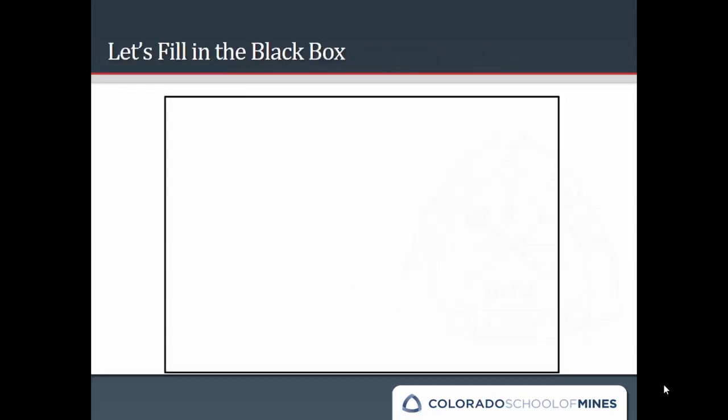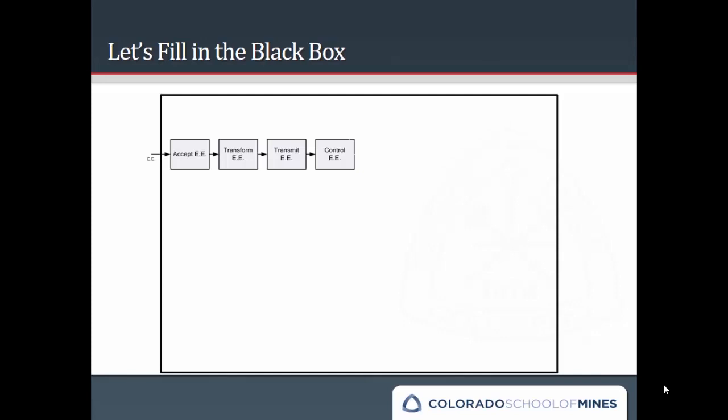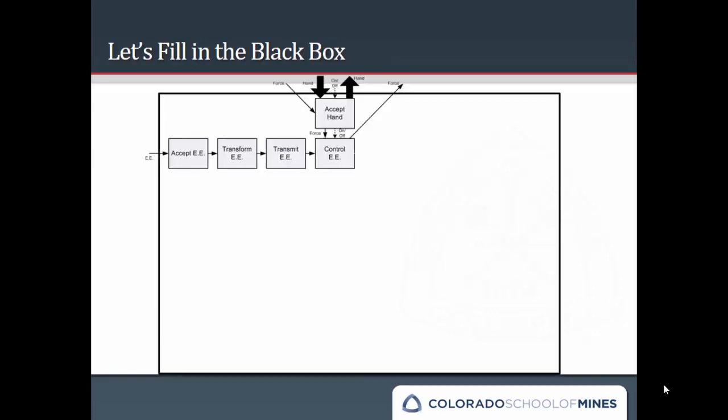So what we're going to do here now is fill in the black box for this particular case. My input was electrical energy, so I have to accept that electrical energy, transform it from one form of electrical to another, then transmit that new electrical energy within the system and use it to control our electrical energy.